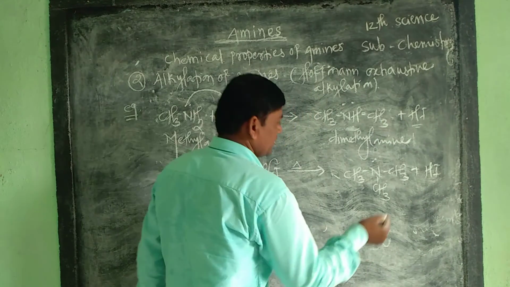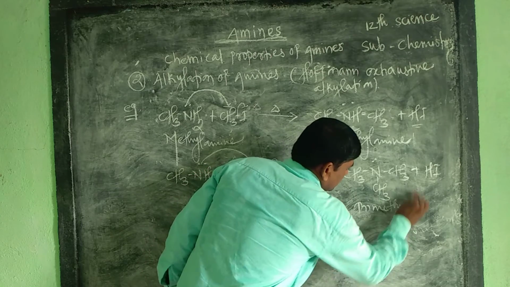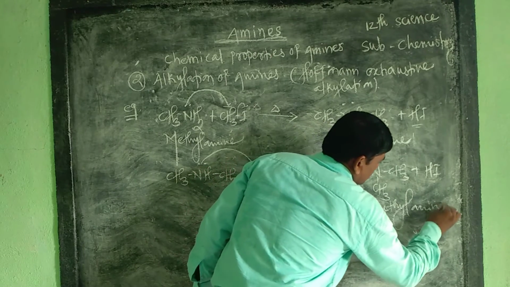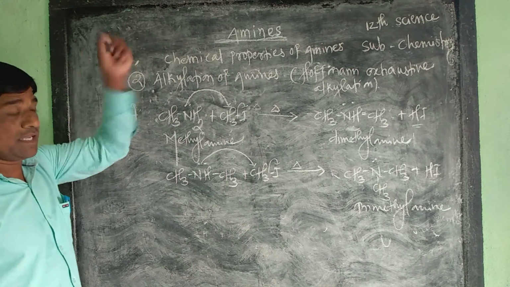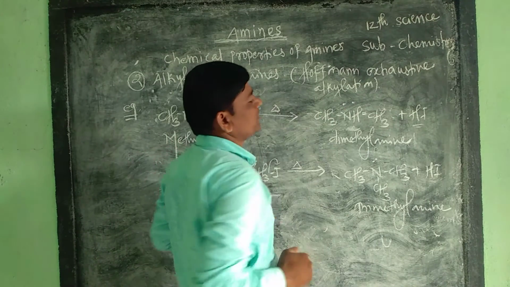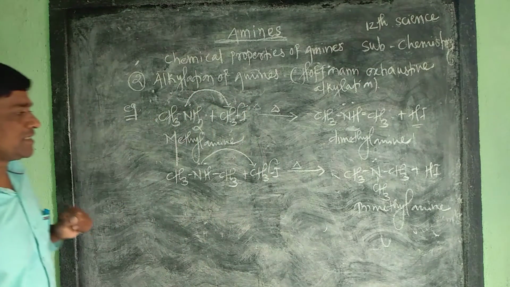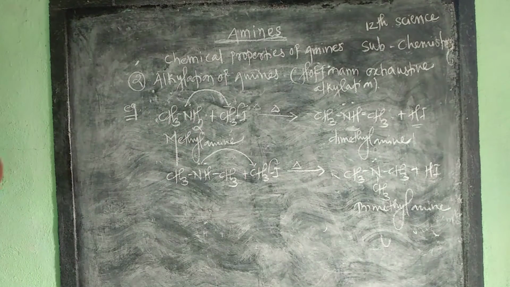This is known as trimethylamine, or the IUPAC name N,N-dimethylmethanamine. These are the IUPAC nomenclature, and this is the common name of these amines.